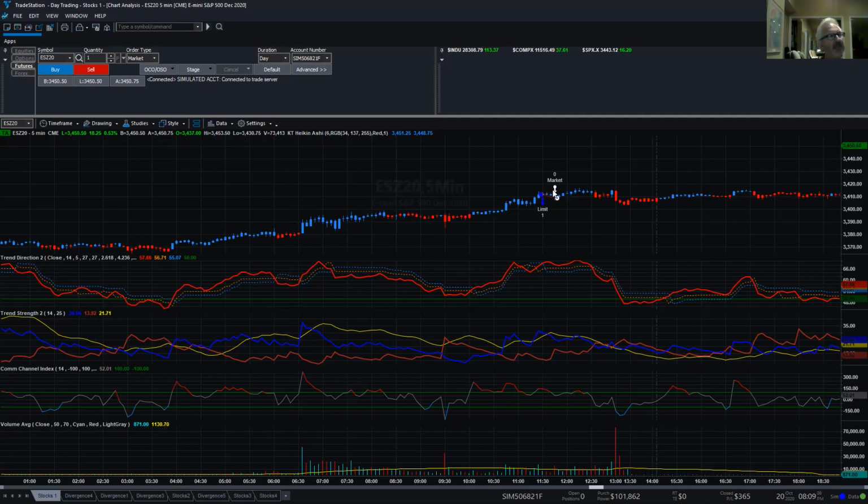And sure enough, it did right here. So we knew how to get into this move. We knew it was coming. We prepared for it. How did we know? Here's a little bit of dip in the market right here, and it stays in bullish territory right here, and then it moves into a very nice move up.